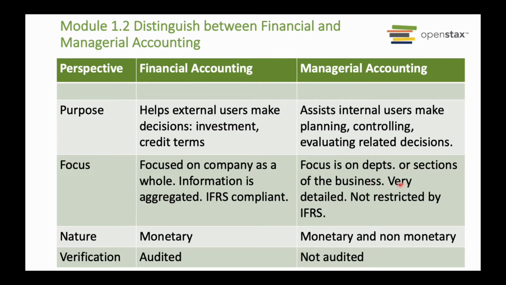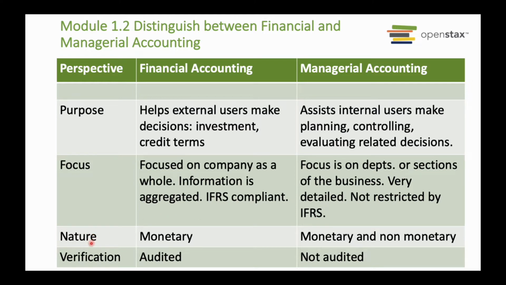Managerial accounting reports are normally very detailed in nature, and they are not restricted by having to comply with the requirements of IFRS. So the management accountant can apply any basis of preparation that he deems appropriate.